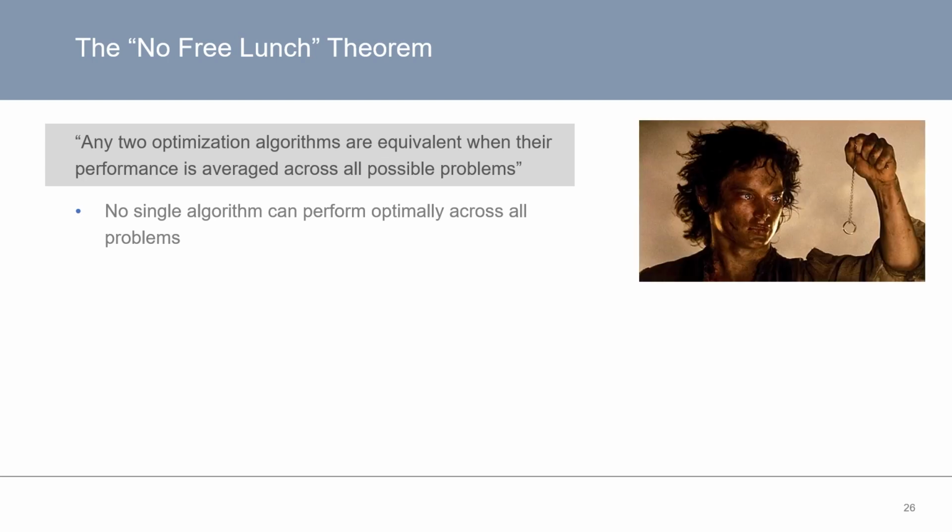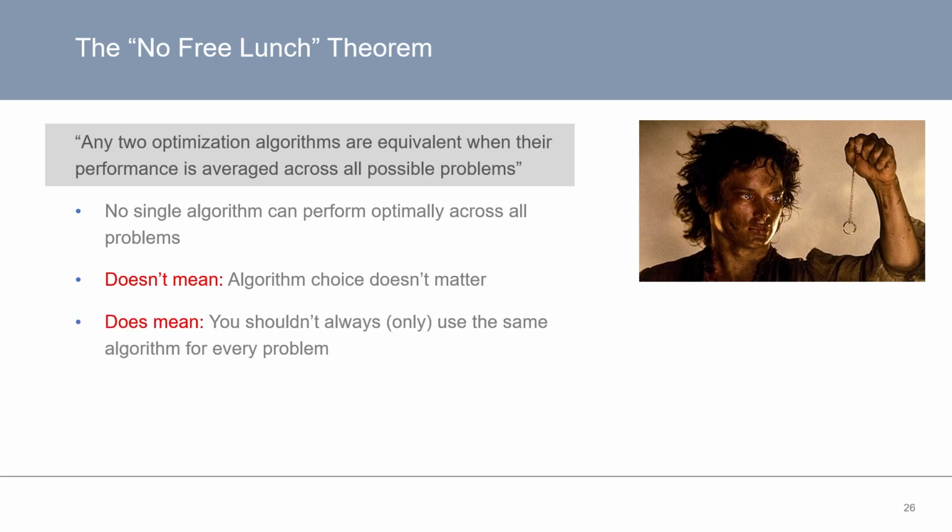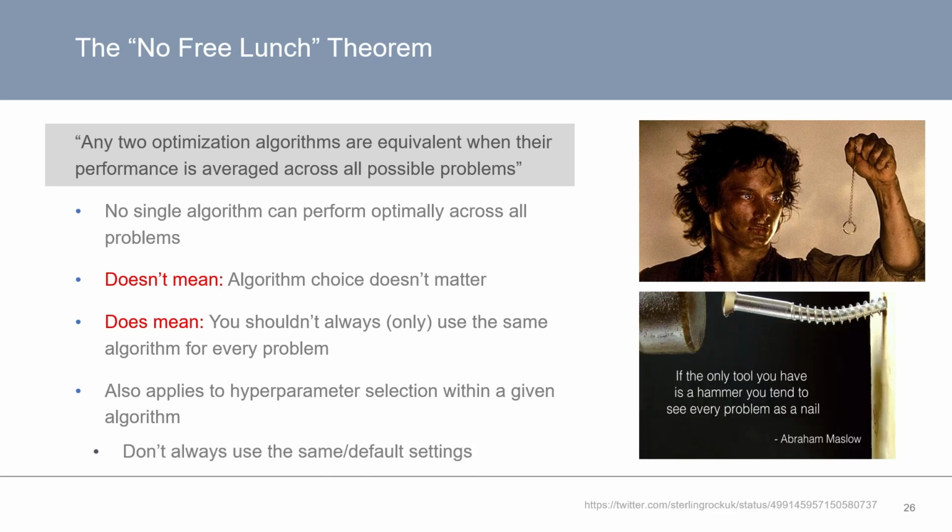Or even more simply, that sadly there's no one ring to rule them all. However, this does not mean that algorithm choice doesn't matter. But it does mean that you shouldn't always use the same algorithm for every problem. And this lesson also applies to hyperparameter selection within a given algorithm, in that you don't always want to rely on the same or default hyperparameter settings when running any algorithm.